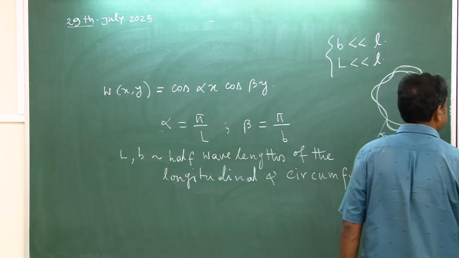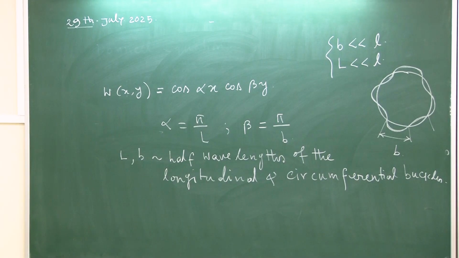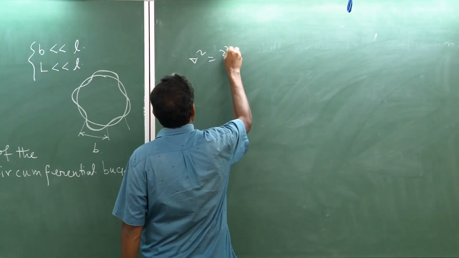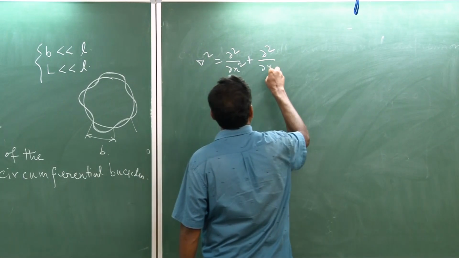So with this assumption, we can substitute in the governing equation. The lambda operator is del squared del x squared plus del squared del y squared.